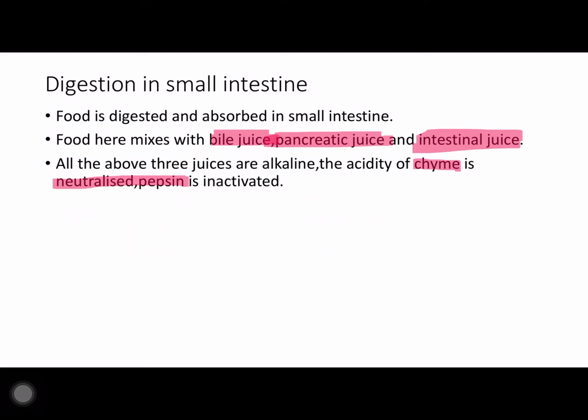All three juices are alkaline in nature, and the acidic chyme, the food which has already been digested in the stomach with the help of HCl, slowly passes on to the small intestine via the duodenum. That food is already acidic in nature, but it is neutralized and converted into an alkaline medium, and the pepsin already present in the chyme is inactivated in the small intestine. So what is happening here?